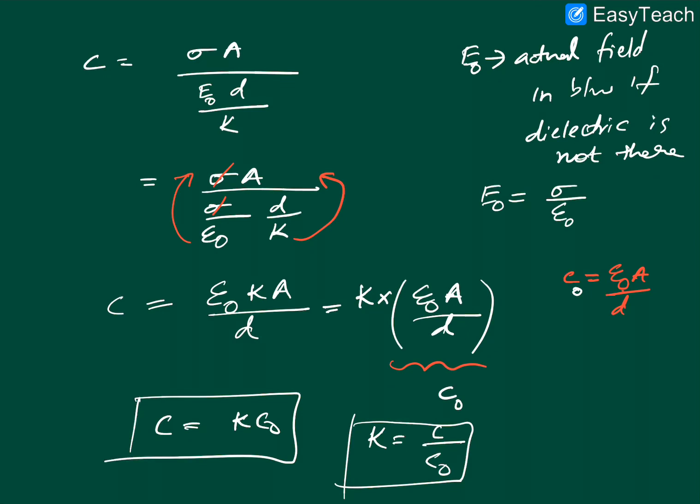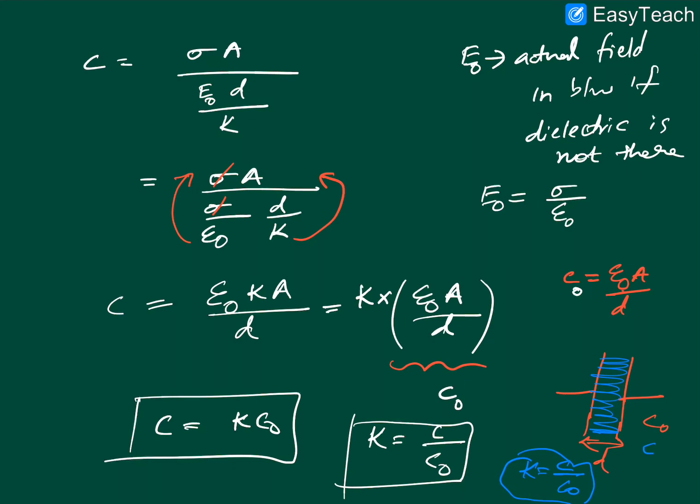Which means if you have two plates and initially let air be the medium in between, with separation D, if C0 is the capacitance, now you will place some dielectric in between and you measure the capacitance, it is C. Then you can calculate the dielectric constant of that material which you placed there by simply finding C by C0.